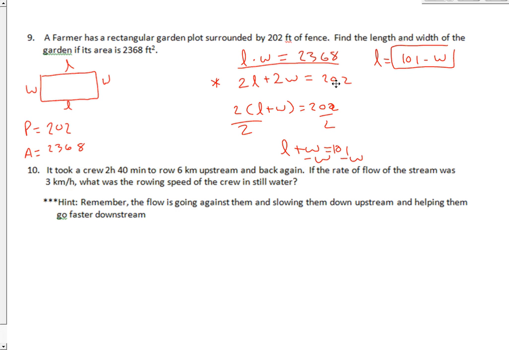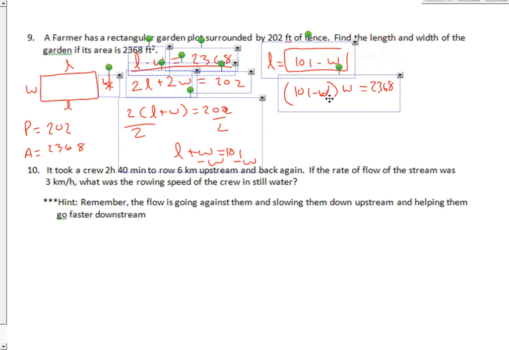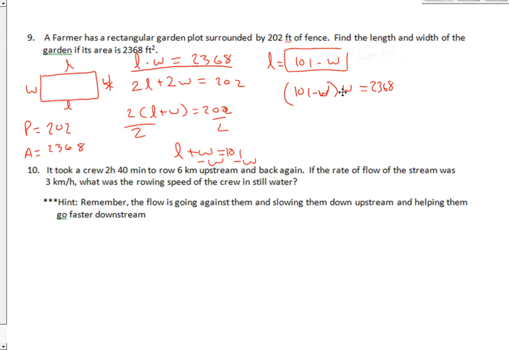So I'm going to get, in place of L, 101 minus W, and then that's times the W, equals 2,368. Okay, I'm going to move all this over, give myself some room to work. I'm going to distribute the W. I will get 101W minus W squared equals 2368. You can see a quadratic forming here, so I'm going to move everything over.